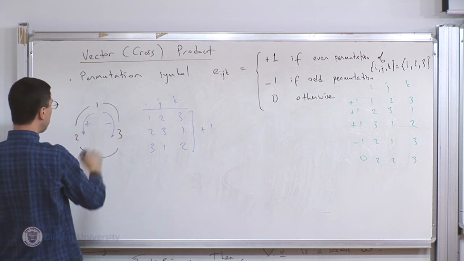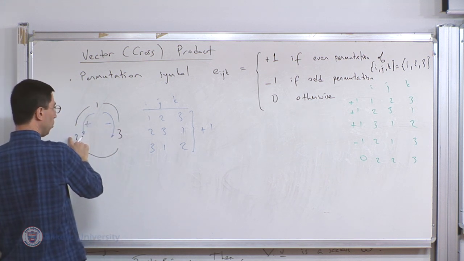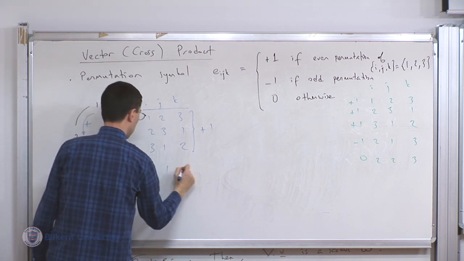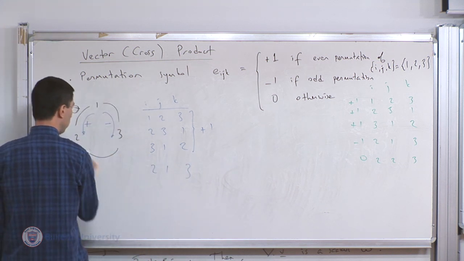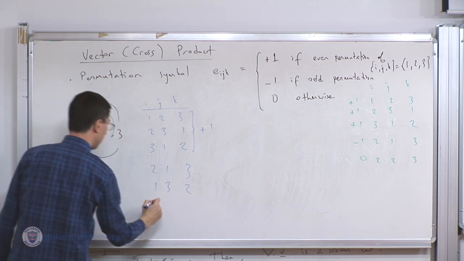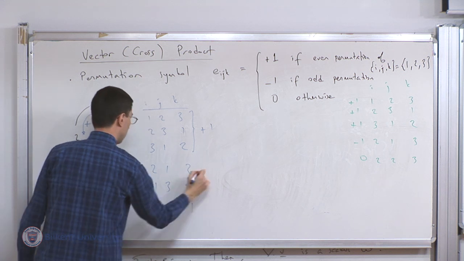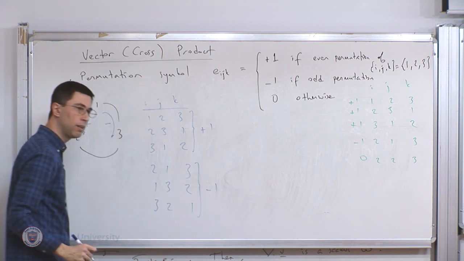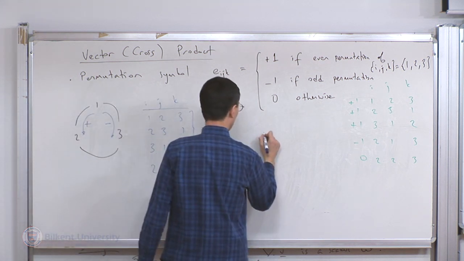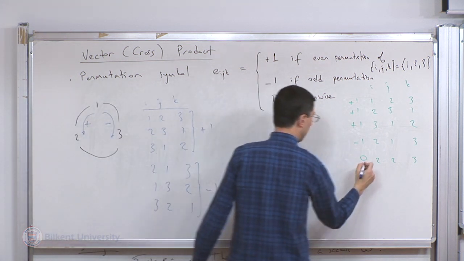If you rotate in the other direction, for instance, I start at 2 and, instead of going like that, I go the other way: 2, 1, 3, or 1, 3, 2, or 3, 2, 1. These are all minus 1. Everything else is 0. So for instance, again, that's 0.